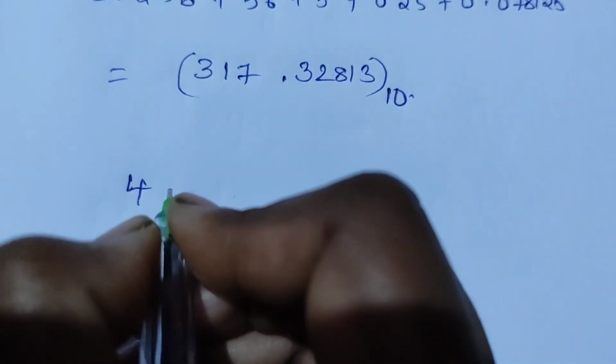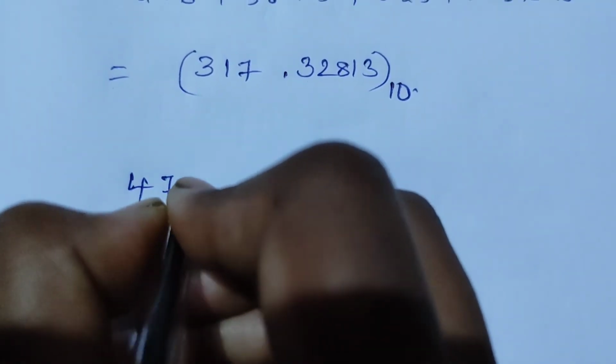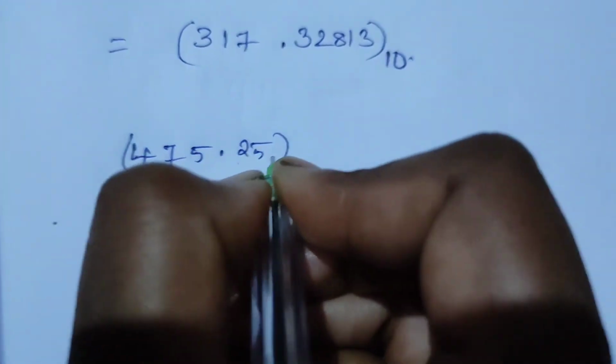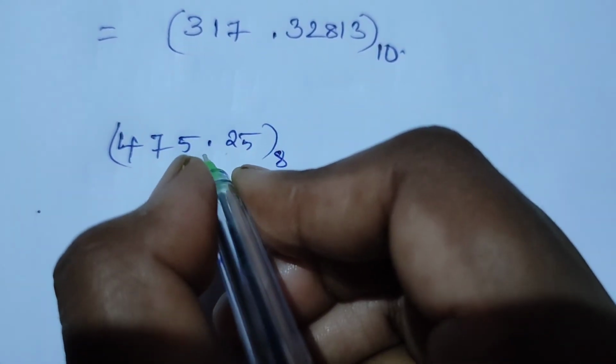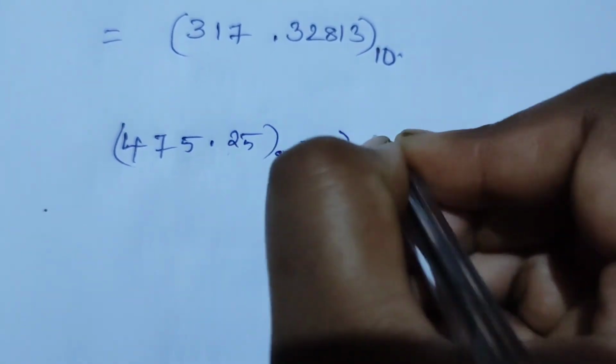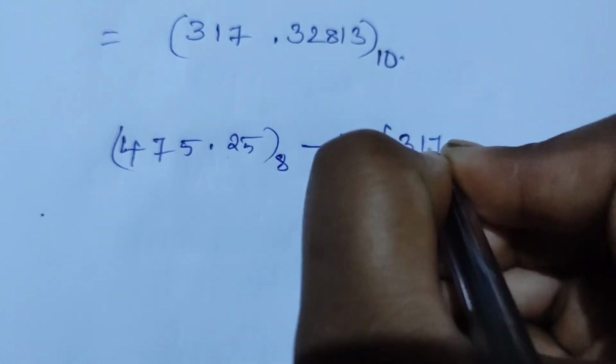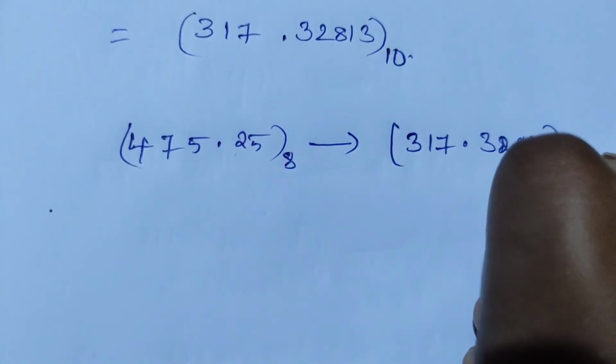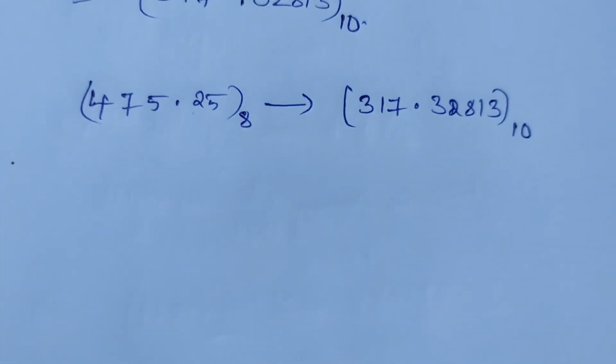This is the decimal equivalent of the octal value 475.25 using the formula of any radix to decimal conversion. So in this way, octal is converted to a decimal value.